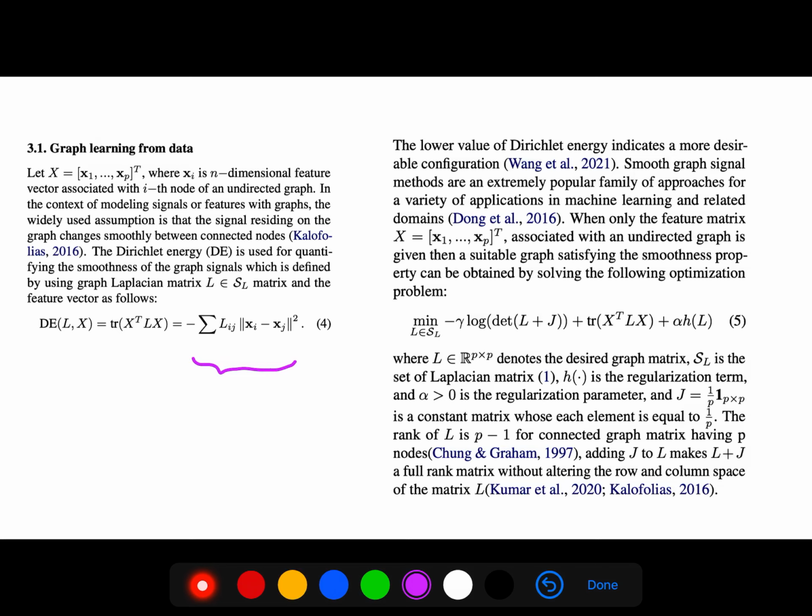When only the feature matrix associated with an undirected graph is given, then a suitable graph satisfying the smooth property can be obtained by solving this optimization problem. So S sub L, because L could be anything, S sub L is the set of Laplacian matrices.